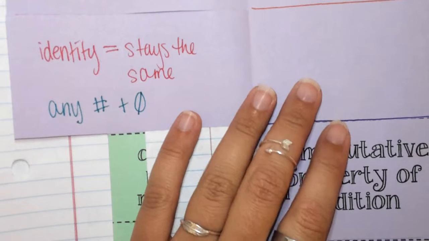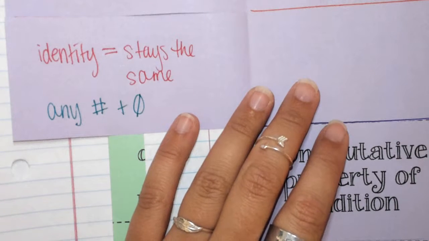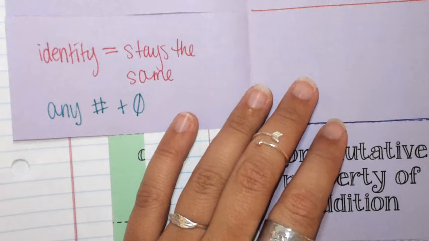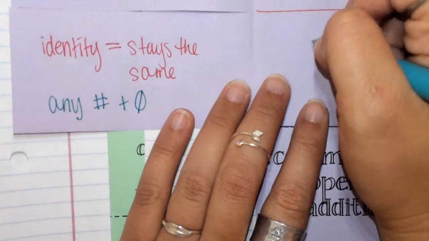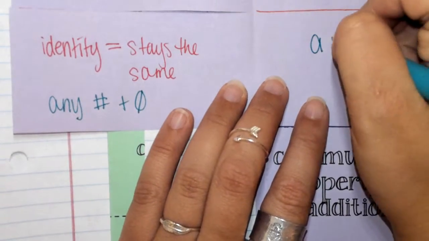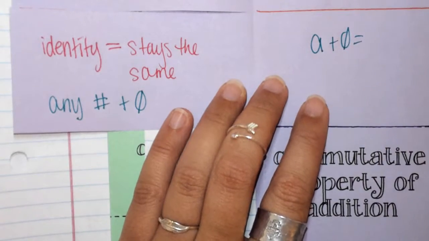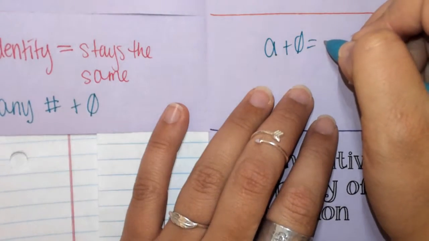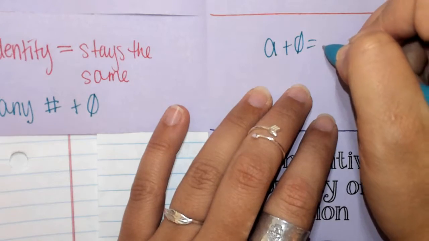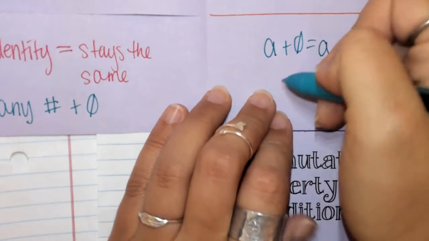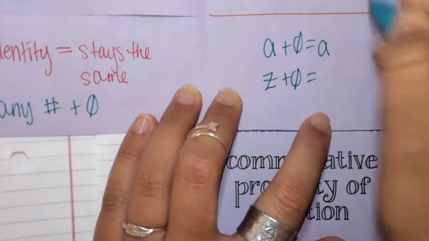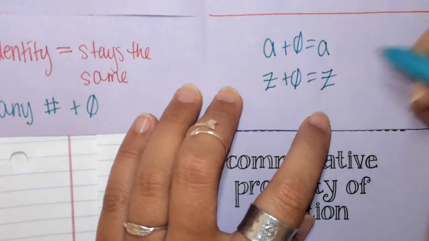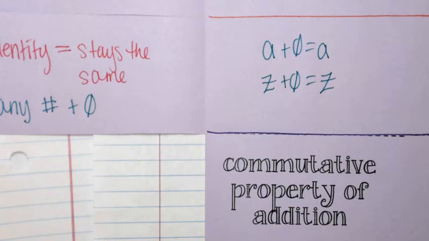So I could say A plus 0 would equal A. And if I said Z plus 0 would equal Z.